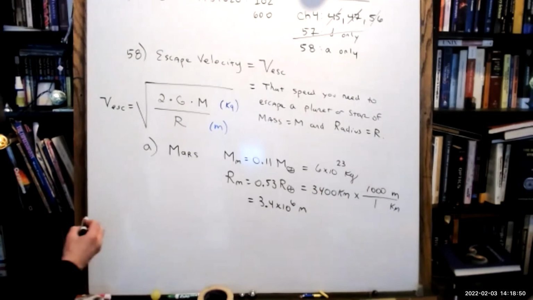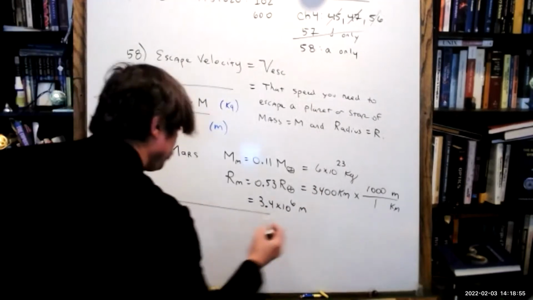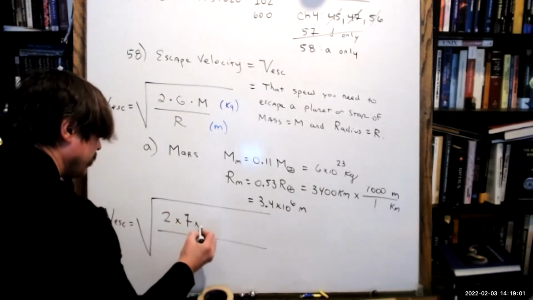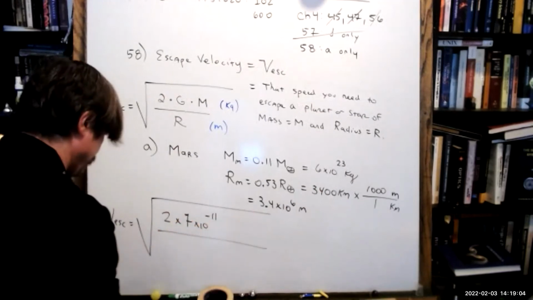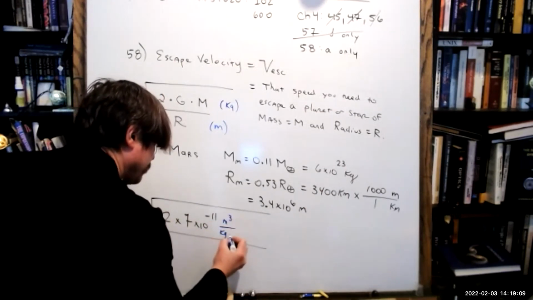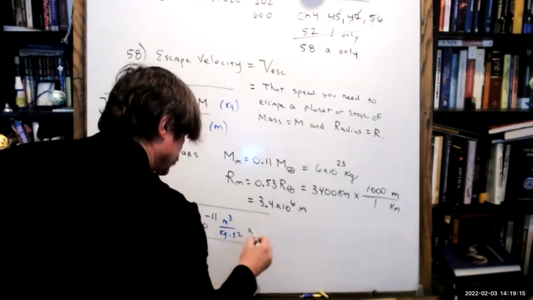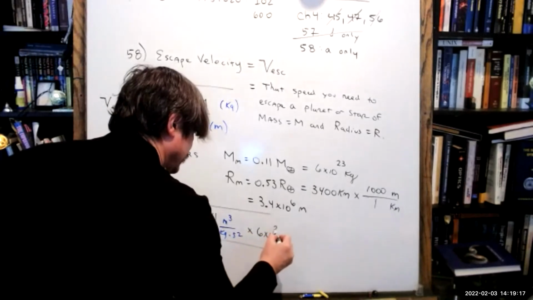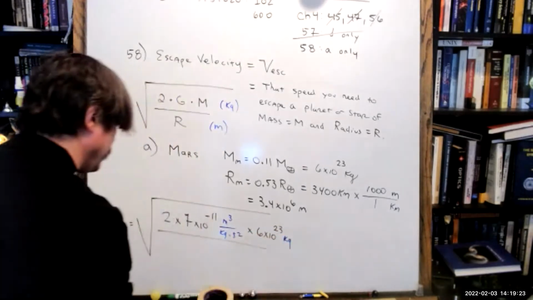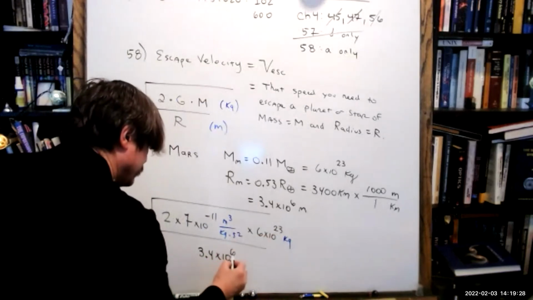Thus the escape velocity from Mars is the square root of 2 times big G, 7 times 10 to the negative 11 meters cubed per kilogram per second squared, times the mass of the planet, and Mars is 6 times 10 to the 23rd kilograms, divided by the radius, 3.4 million meters.